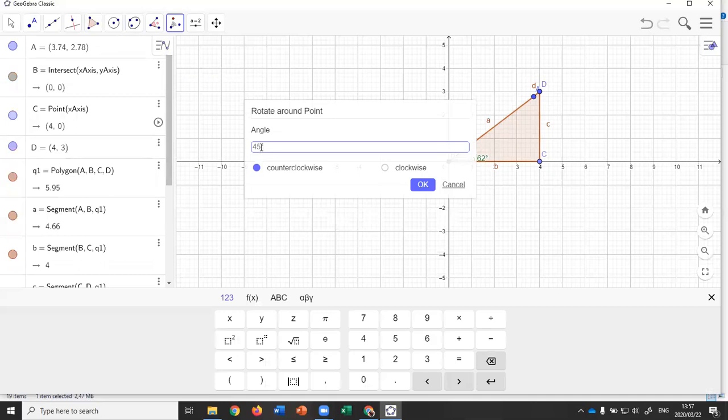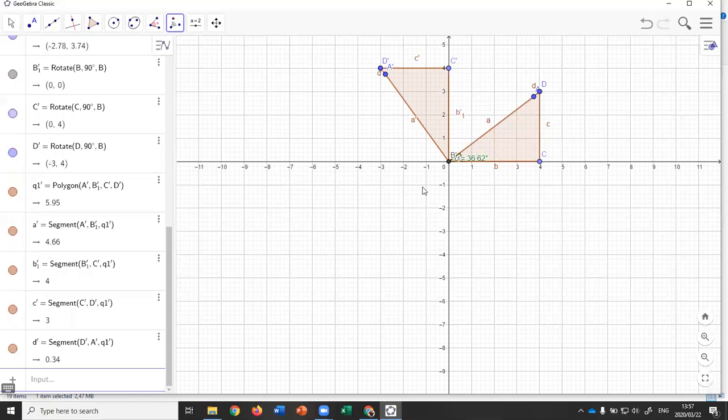Now, what is the angle? We want 90 plus theta. So I'm going to go 90. You see now I'm saying counterclockwise, in other words, anti-clockwise. Because I'm saying 90 plus; if I wanted theta minus, then I would just say clockwise. Okay, so there I am.